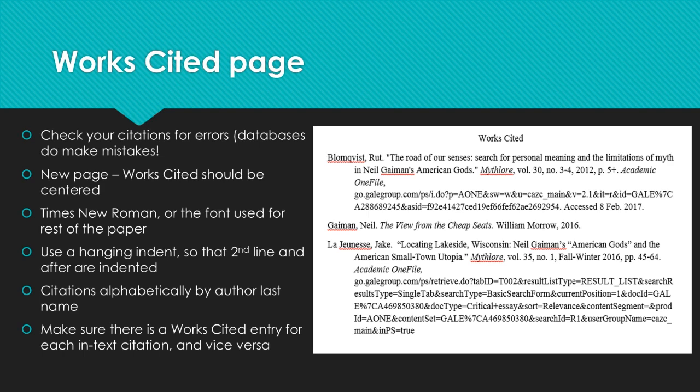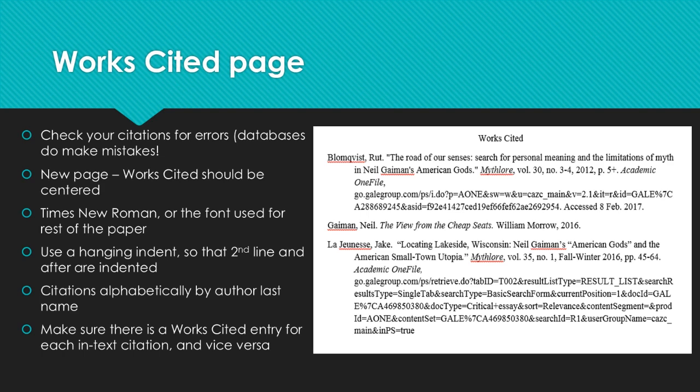Okay. Also remember, when you're building your works cited list, to put the citations alphabetically in order. So you can see that it goes B for Blomqvist, G for Gaiman, L for La Jeunesse, okay? That makes it easier for your reader to find the sources that you've used, okay? And the last thing to double check is, when you're writing a paper, sometimes you'll add new sources or take sources out.